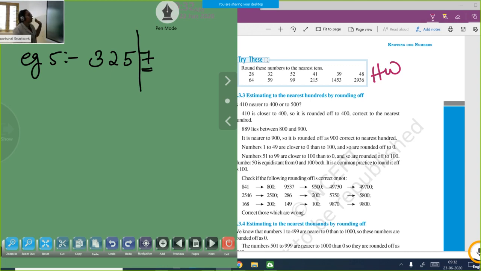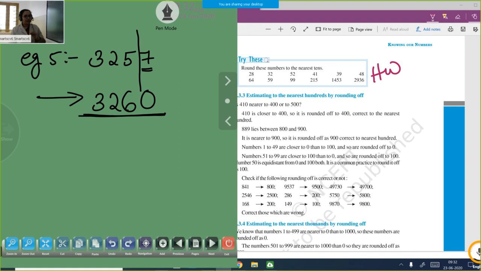The tens place is changing. So 5 is changing to 6, and the ones place is 0. See, the answer is 3260. Understood, children? This is the way we are estimating to the nearest tens. Then write this example and make the next one homework.